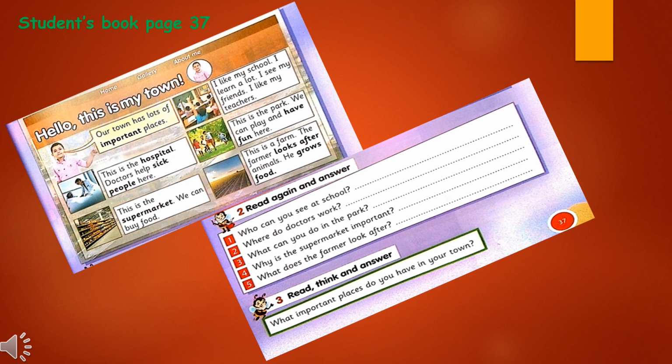Number 4. Why is the supermarket important? Why do we need the supermarket? Yes, so you will say, we can buy food.